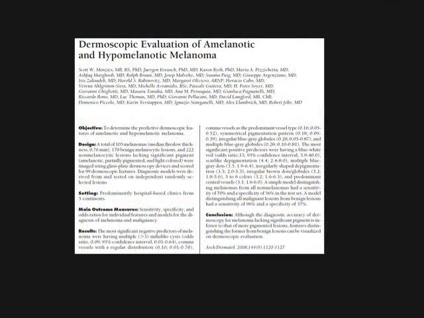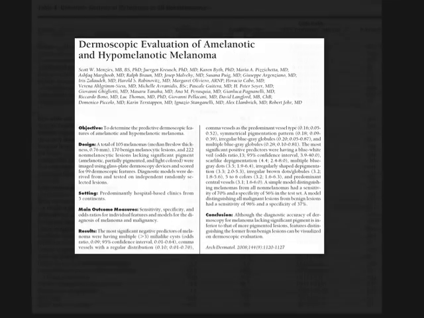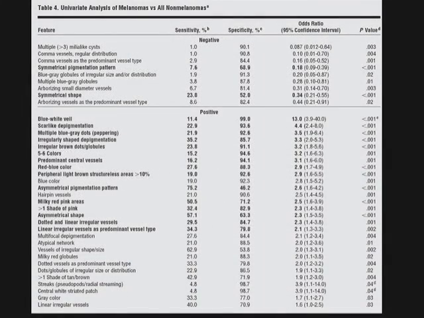And for that, if you want to see an in-depth article about the vascular structures seen in melanocytic lesions, this is the article in the Archives of Dermatology, published in 2008. And so a whole slew of vascular structures that we encounter, but the most important ones are as follows.